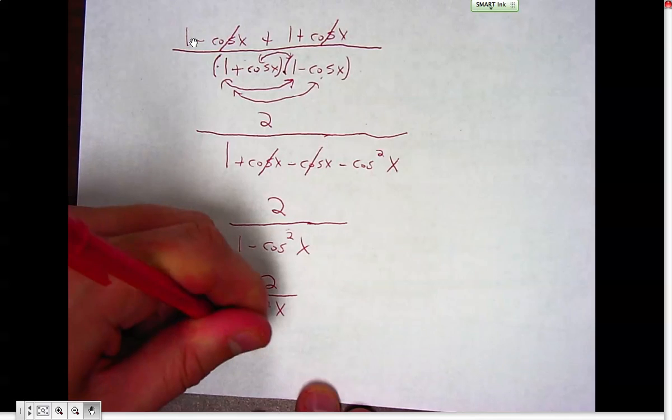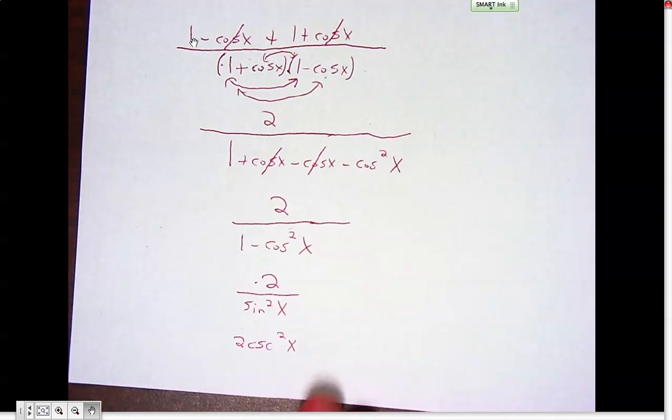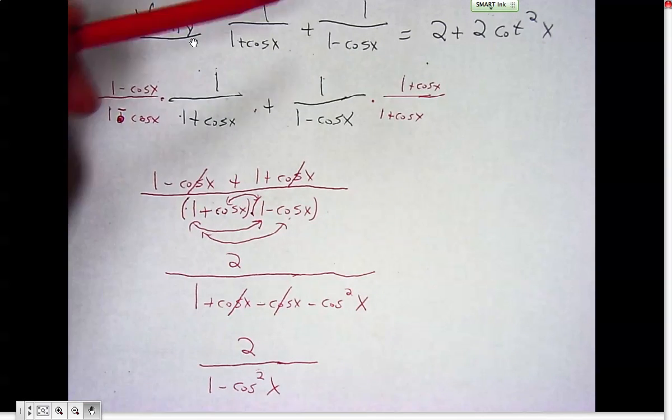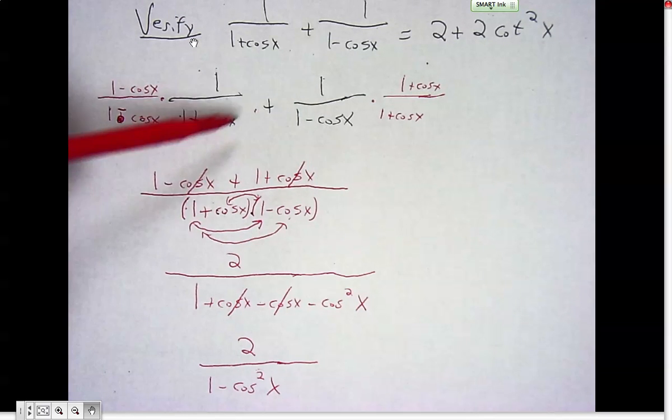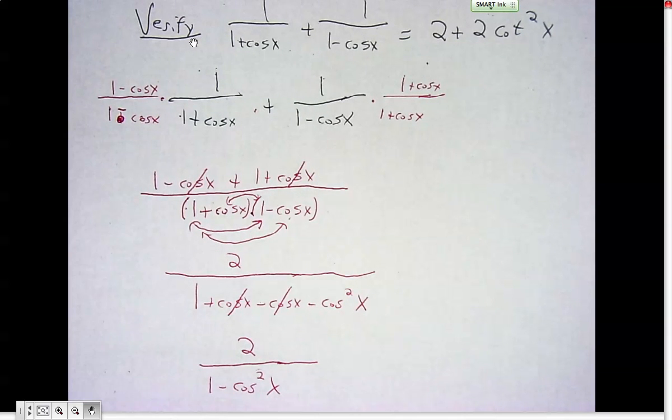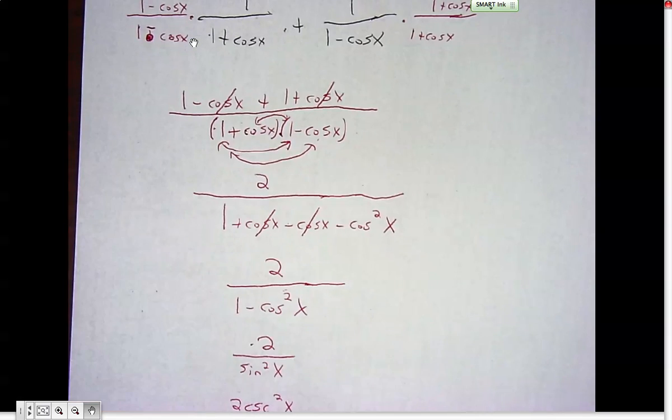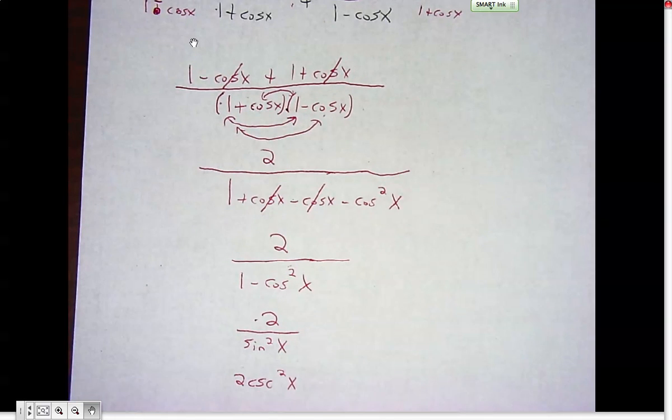Sine on the bottom, same thing as cosecant on the top. And so after all this work, I've done a really good job of simplifying, if I do say so myself, right? I mean, this thing was messy at the start. I did a bunch of algebra, and I've gotten it down to 2 cosecant squared of x. But that's not what the right-hand side is. And so I'm left wondering, well, how do I work with this?